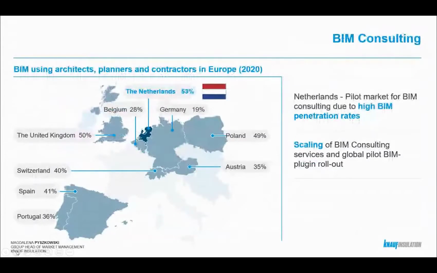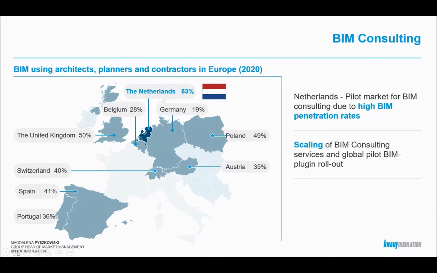For another example, as a company we are also providing BIM consulting, and this is very well developed in some countries like the Netherlands, which was the pilot market for BIM consulting due to the high BIM penetration rates. The idea is really to provide variants for the solutions, I mean applications or walls or other systems in the building for BIM, and the offer is mostly focused on installer needs.